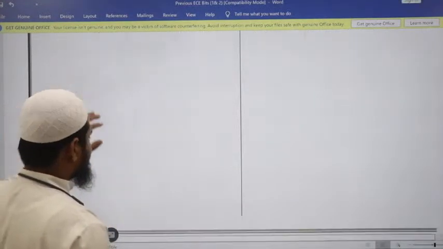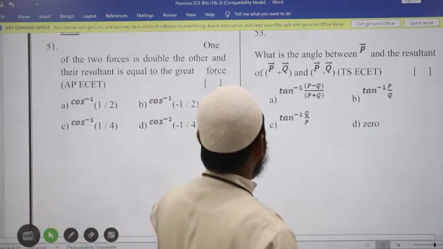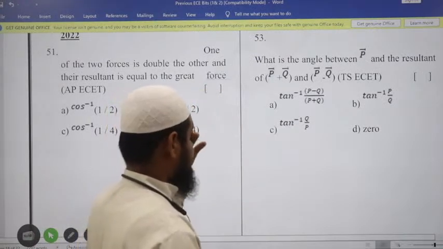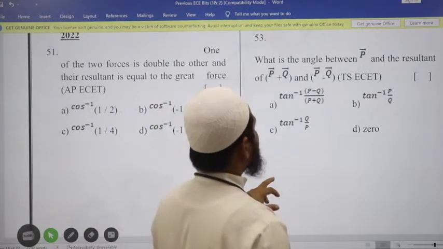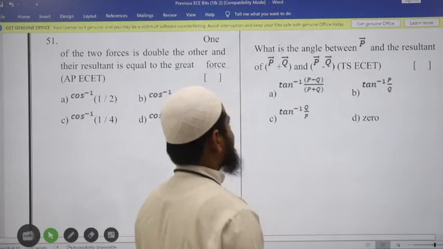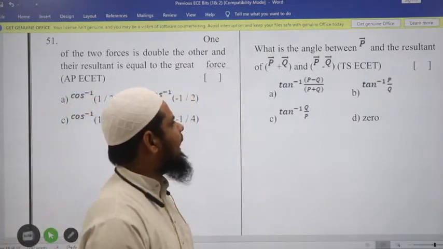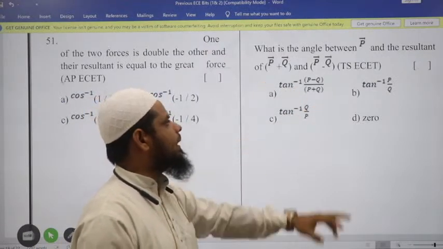The next one, move on to the 52 problem. What is the angle between P and the resultant of P plus Q and P minus Q?